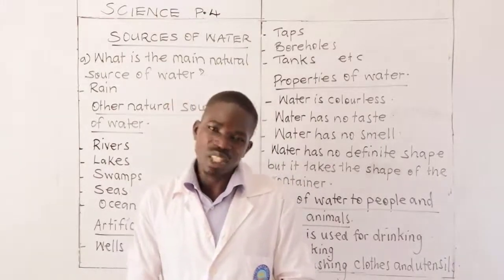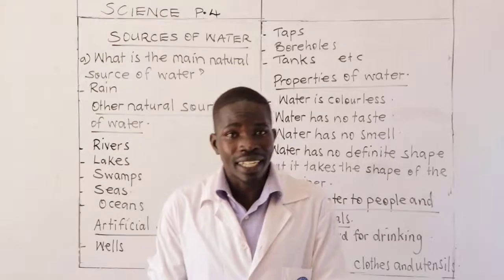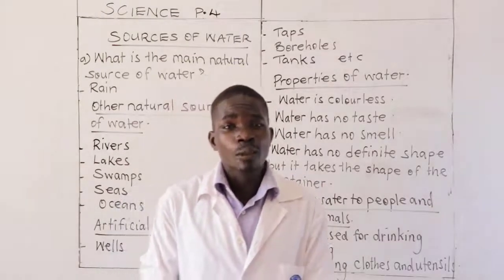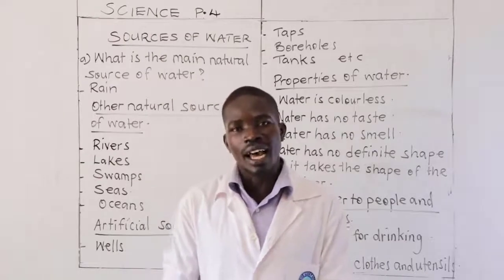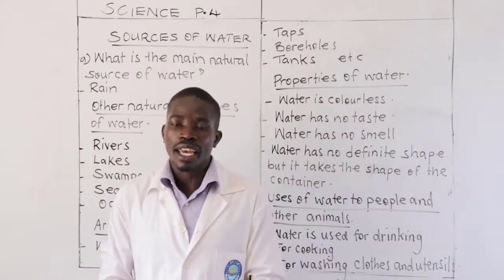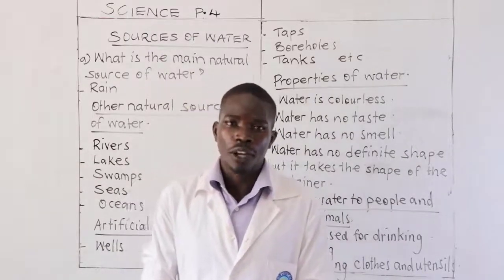Then water is used for transpiration. They told us that transpiration is the process by which plants lose water into the atmosphere in the form of water vapor.